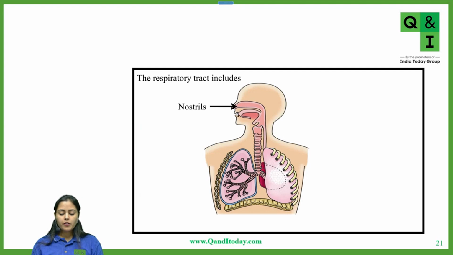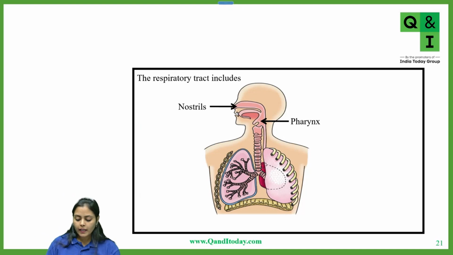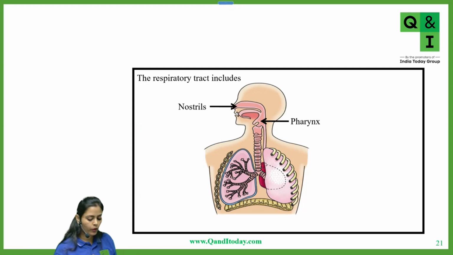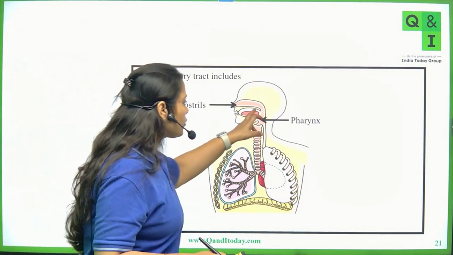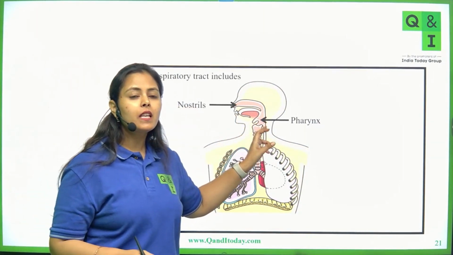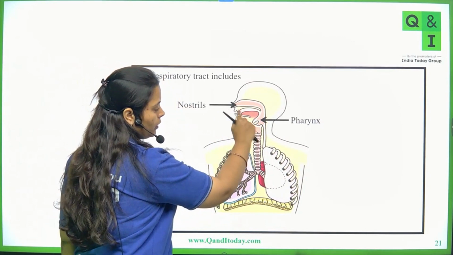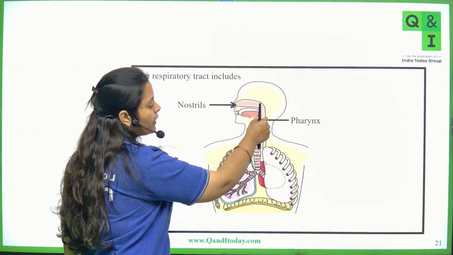Now the respiratory tract includes nostrils. So from the nostrils, you have taken up the air. It has now entered inside your nasal cavity. Then from the nostrils, the air enters inside your pharynx. Okay. Now see this. This is the pharynx shown to you here. Pharynx is the common passage for the opening of both food, that is the mouth, and also for the air cavity.